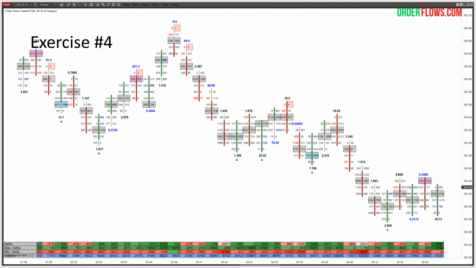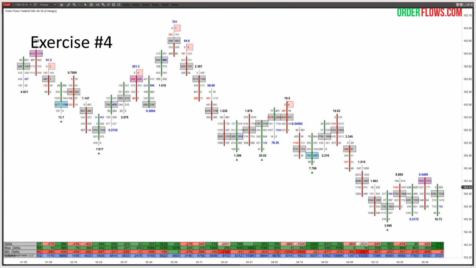Okay, exercise number 4. Take a moment to see what you're looking at in the chart, and then I'll talk. All right, so what do you see?